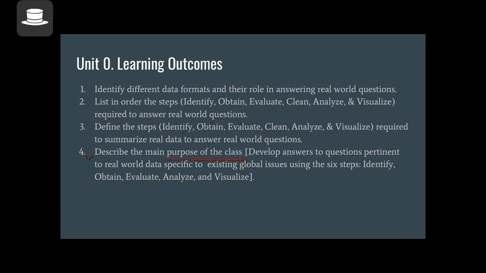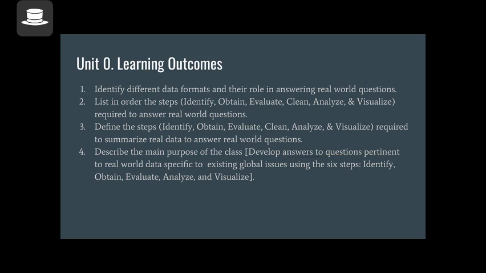The main purpose of this class is to help you develop these skills specific to answering questions related to the real world. The question can be related to real world issues like COVID situation or related to gender bias based on data, and so on and so forth.